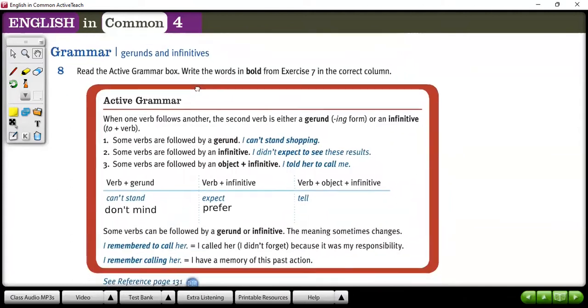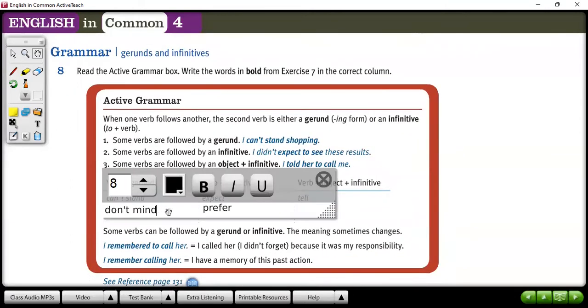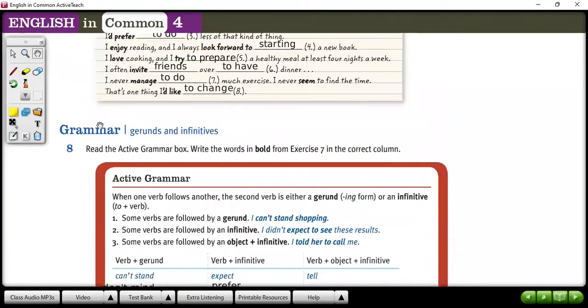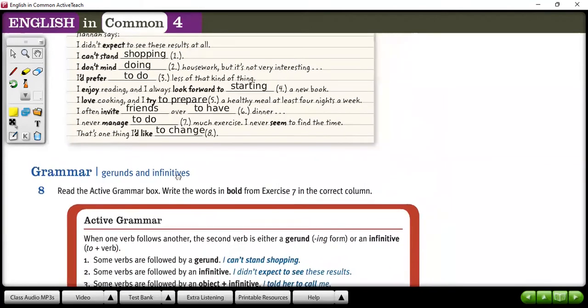So let's put these two verbs in the first pattern. So enjoy and look forward to. Okay, let's see if we can find more examples.